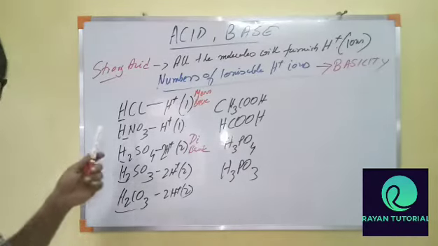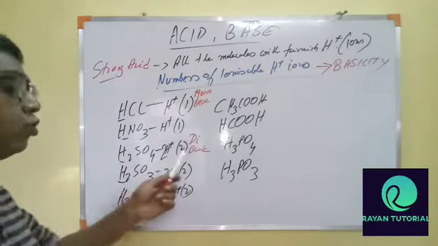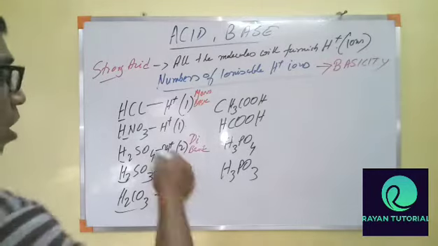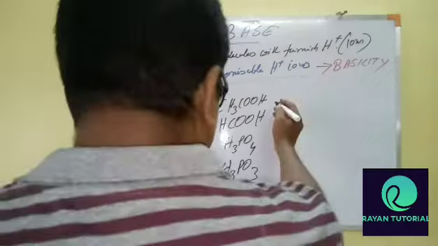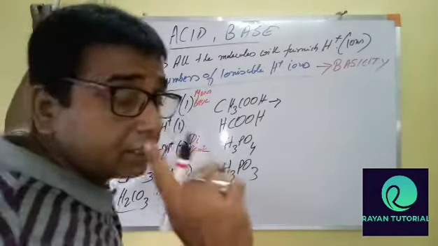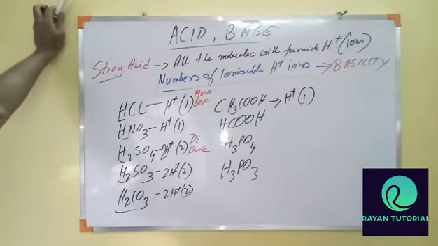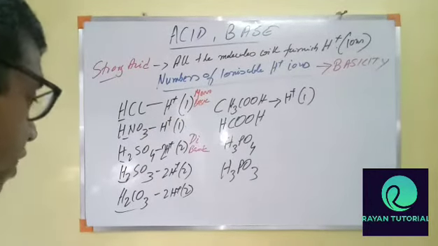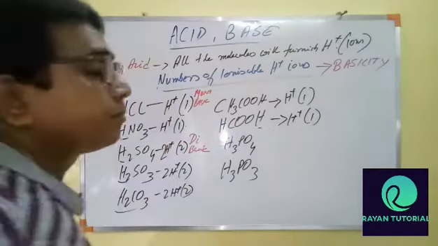Now you see here very easily I find it out. H1 means 1, H2 so 2, H2 so 2. But here, CH3COOH has 4 hydrogens, so what should I write? Not 4. Here it should be H plus only. Clear? Now HCOOH has 2 hydrogens, but here also 1.